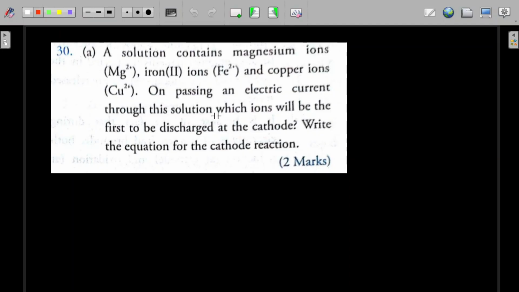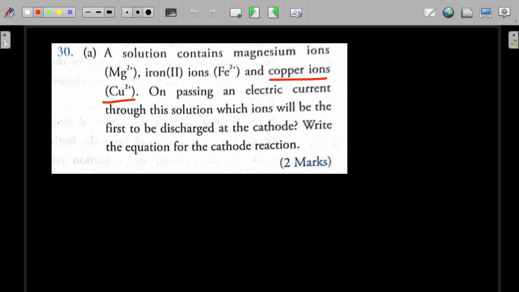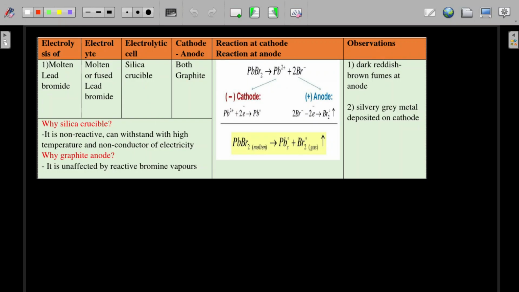On passing electric current through this solution, which ions will be the first to discharge? So that is copper. The second part we will see later. Okay, let's take the examples of electrolysis.